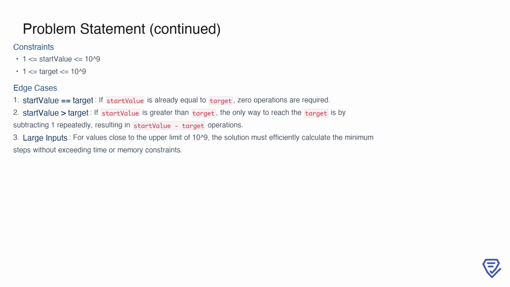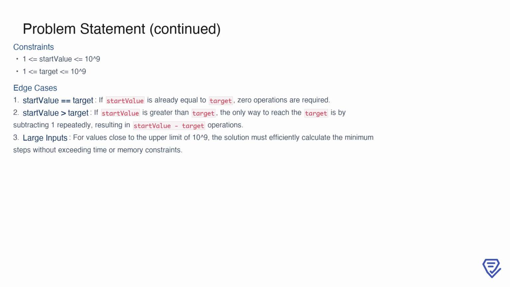To solve the problem efficiently, we need to consider the constraints and edge cases. The constraints specify that both start value and target can range from 1 to 10 to the power of 9, which means we need an efficient approach that works well even for very large numbers. As for edge cases, if start value is already equal to target, then no operations are needed, and the answer is simply 0.